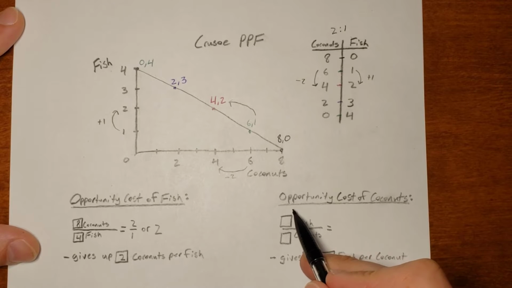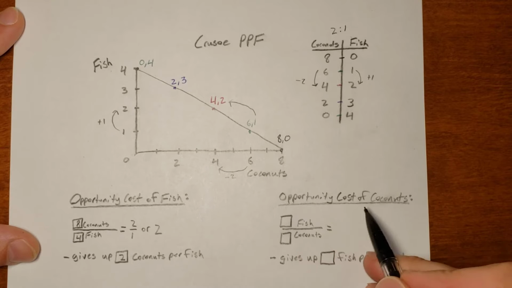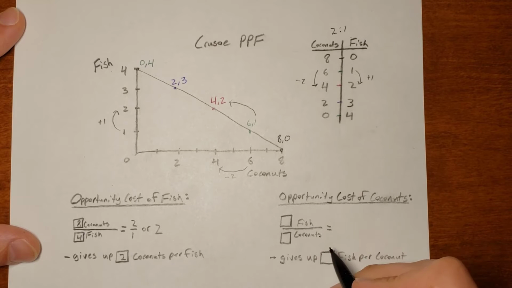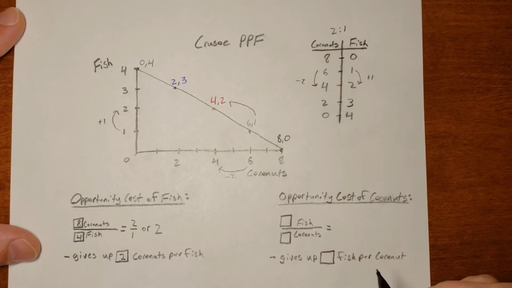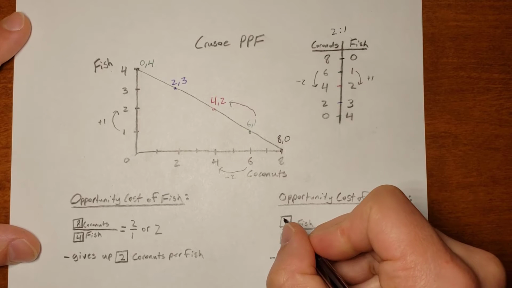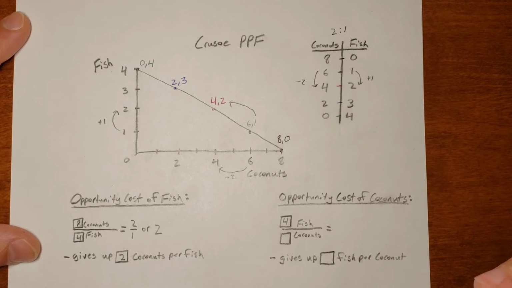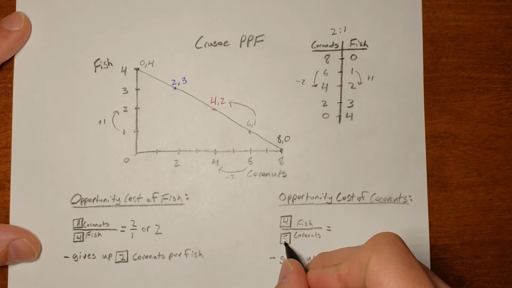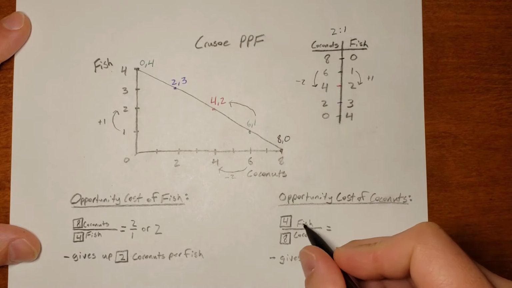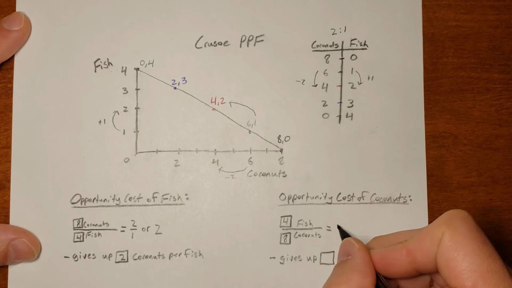Now, when we're looking at the opportunity cost of the production of coconuts, we're going to basically use the opposite equation. It's simply a matter of division. What's the maximum number of fish that he could be producing? Well, that number is 4. What's the maximum number of coconuts that he could produce? Well, that number is 8. Okay, so 4 divided by 8 is going to be, well, we could do it a couple of different ways.